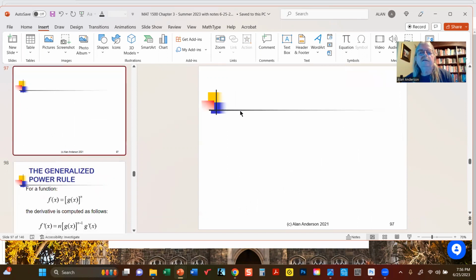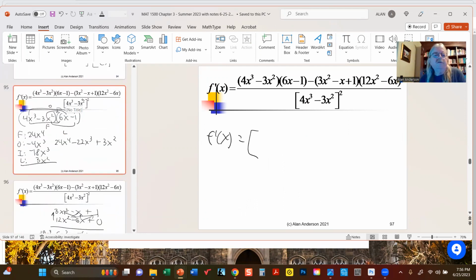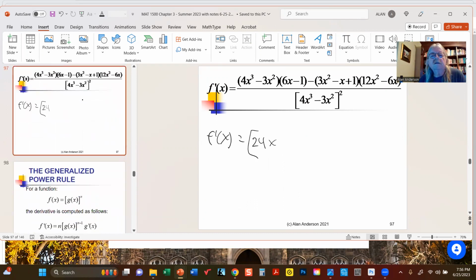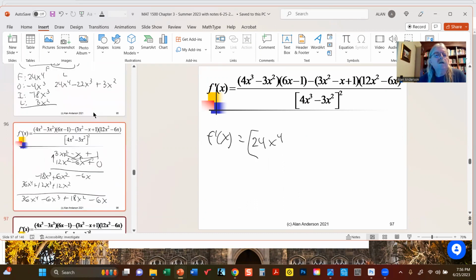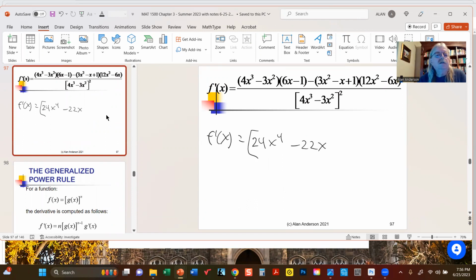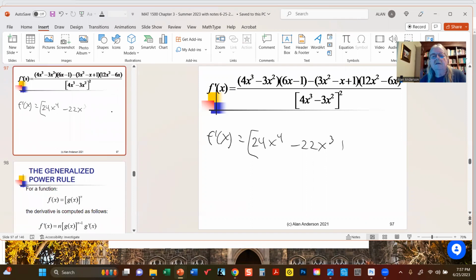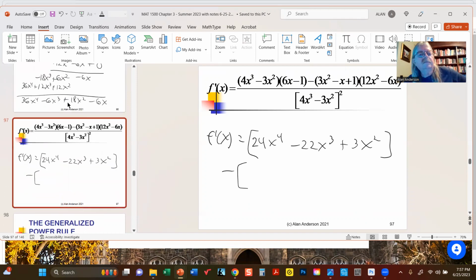So gathering up everything we just did. In the numerator, we'll have results of that FOIL, which was 24x to the fourth minus 22x cubed, and then plus 3x squared, minus this mess, 36x to the fourth.